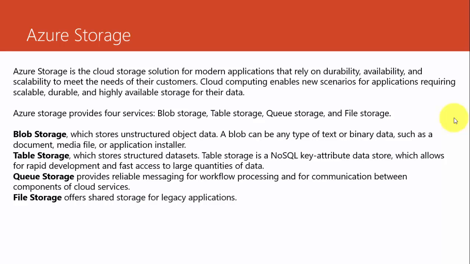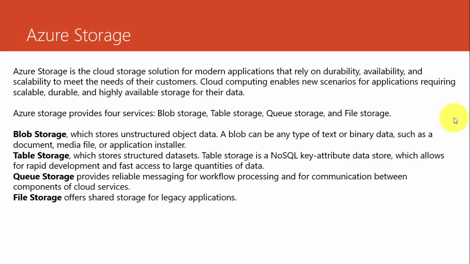We deal with data sets here. The data stored in table storage is in key value format, where we can store large quantities of data. The queue storage is used for messaging purposes, where we can deal with workflow processing. And file storage is a shared storage, which in turn deals with a lot of legacy applications.